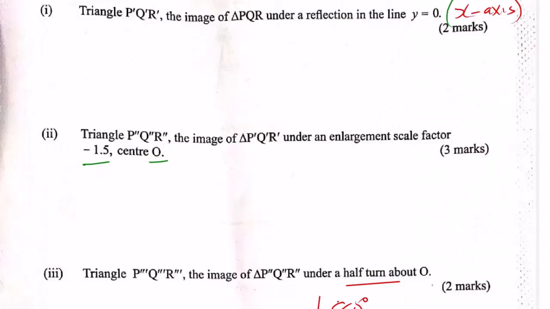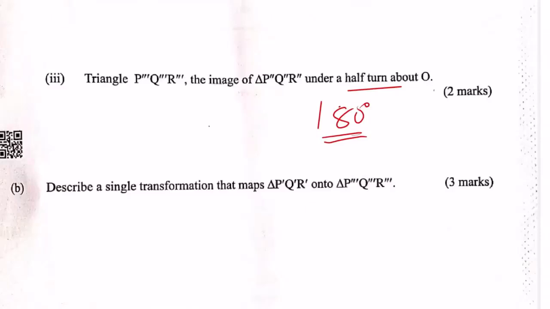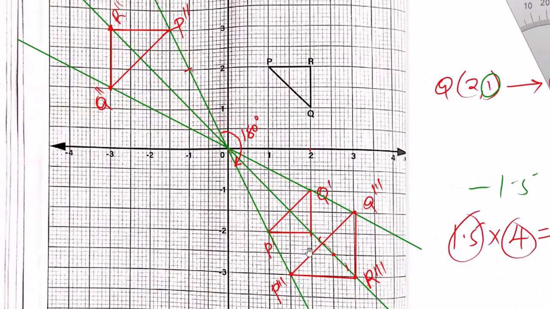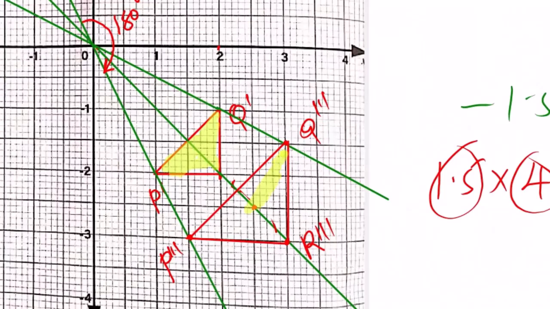The last question: describe a single transformation that maps triangle P prime, Q prime, R prime to triangle P triple prime, Q triple prime, R triple prime. So these two, which transformation maps this triangle to this? You can shade them. I've shaded in yellow the triangle, and the one that it would map to, the next one.